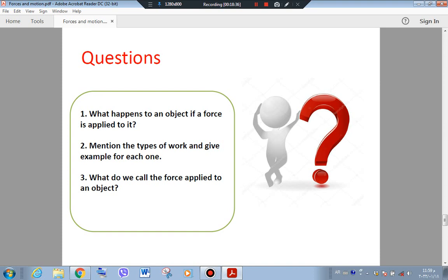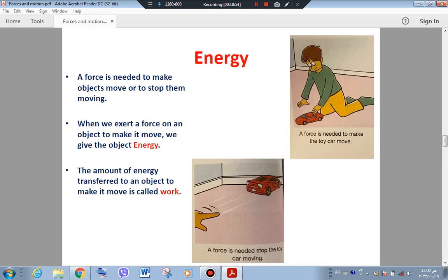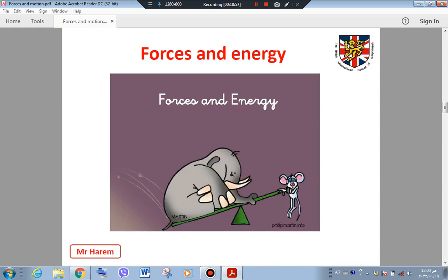What do we call the force applied to an object? So these are the examples and this is the clarification regarding the topic of force and energy. I will share more questions and assignments for you after watching the video.